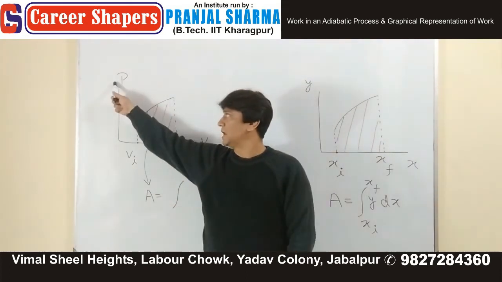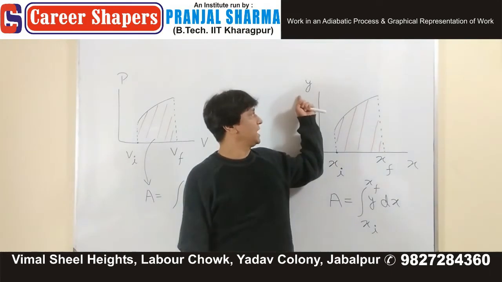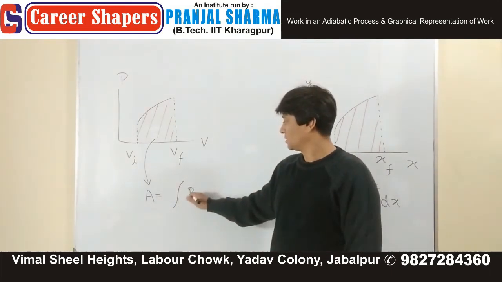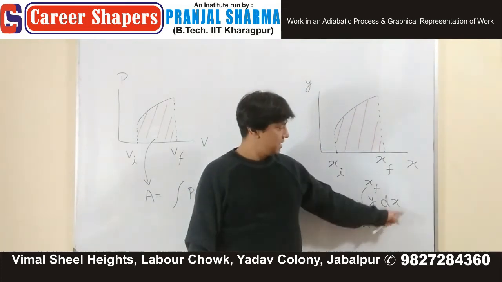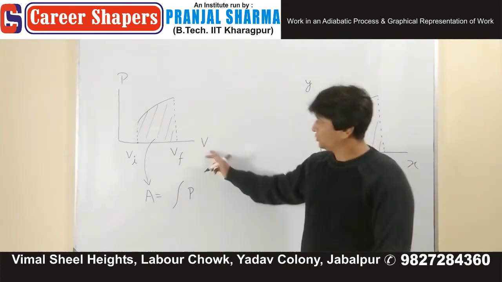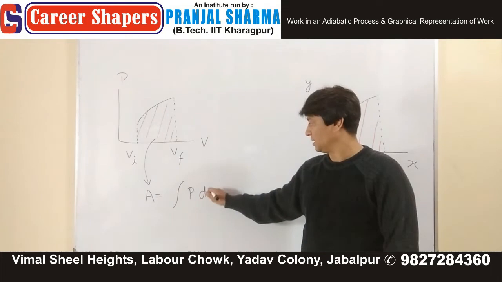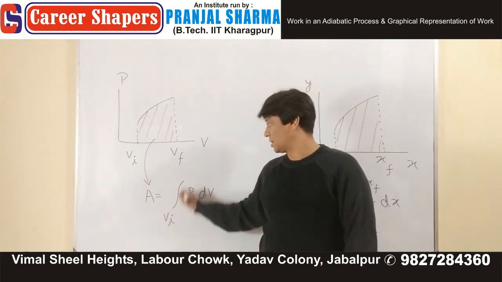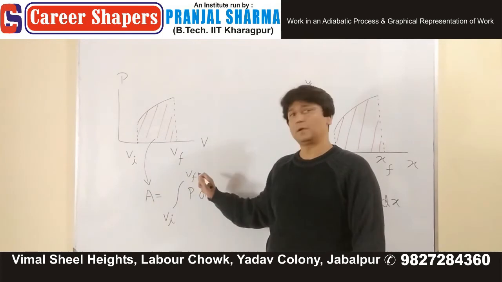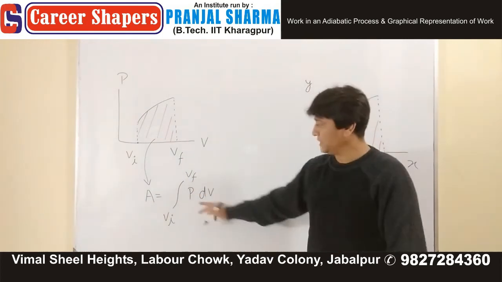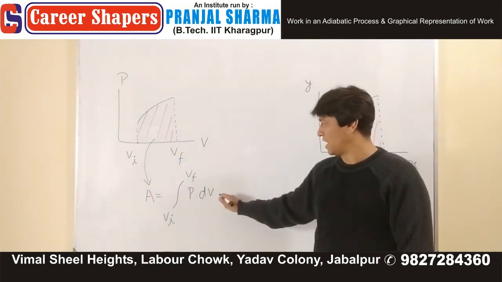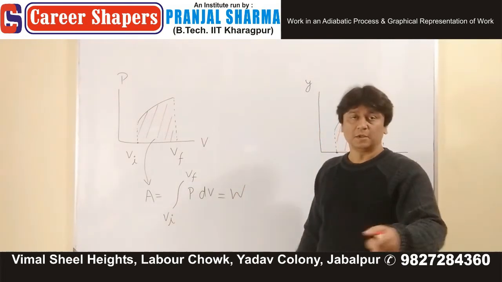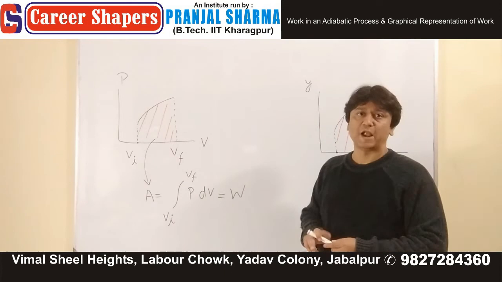On the vertical axis you have P, where earlier you had y. So this is P multiplied by dV, lower limit to upper limit. But you know that the integral of P dV from V initial to V final is nothing but work done by the system. This is the graphical approach of finding work.